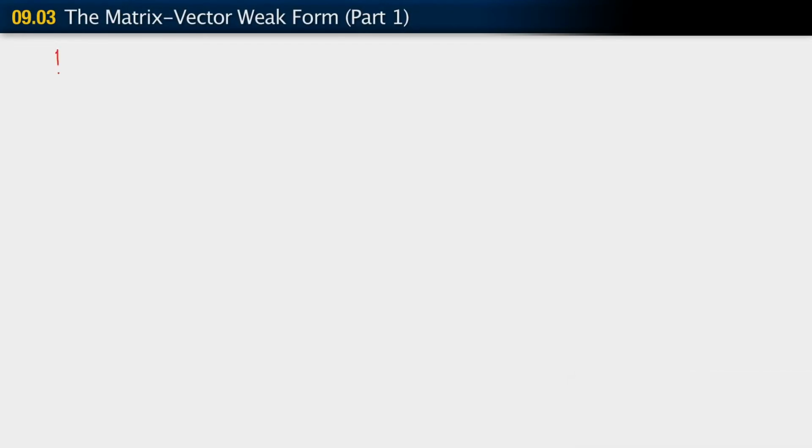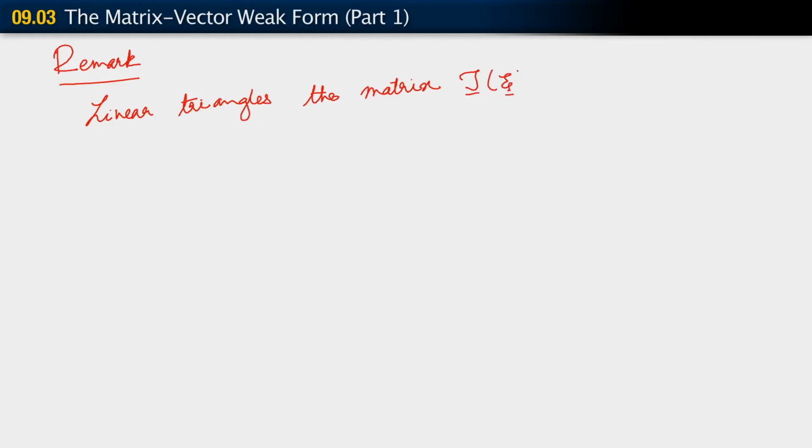Okay. One useful thing to point out, which I will do in a remark here, is that for the case of linear triangles, the matrix components of JC... JC is the map that allows us to go to the physical domain from the parent domain.